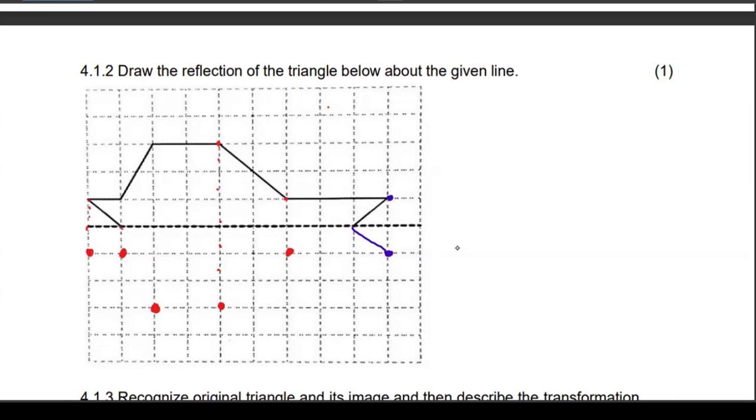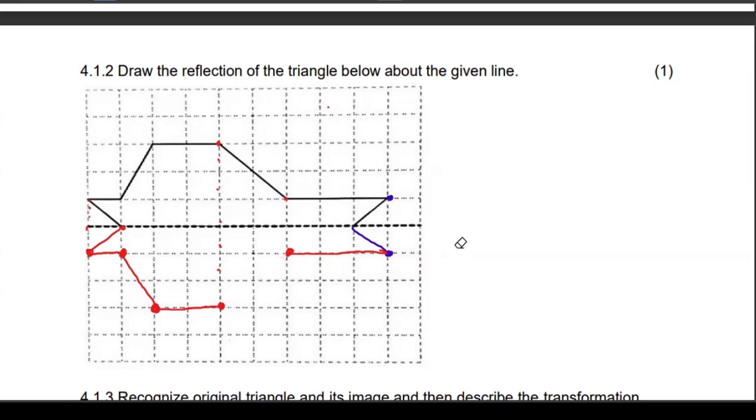Then we can connect. This must go to that. Then connect to that with your ruler, please. And then connect there. And then we connect more. And then we have something like that. So from a boat to a mini fish. That is how the shape was going to look.